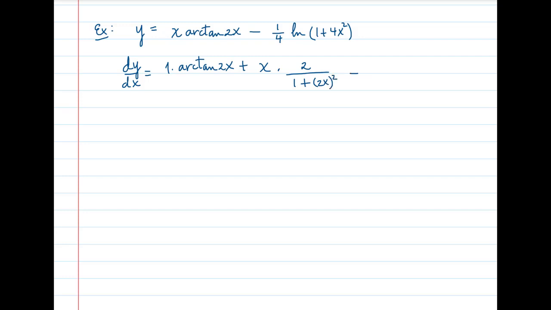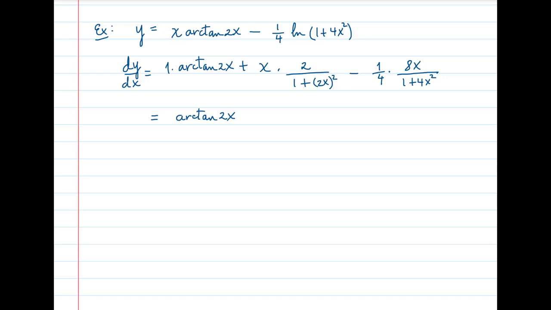So the derivative of x is 1 times arctangent of 2x plus x times the derivative of arctangent of 2x. And using the rule, I get 2 over 1 plus 2x squared, right? And that includes chain rule and everything. Now, minus 1/4 times the derivative of natural log, which is 1 over the input of natural log, 1 plus 4x squared, and then chain rule on that inner function will give you 8x on top there.